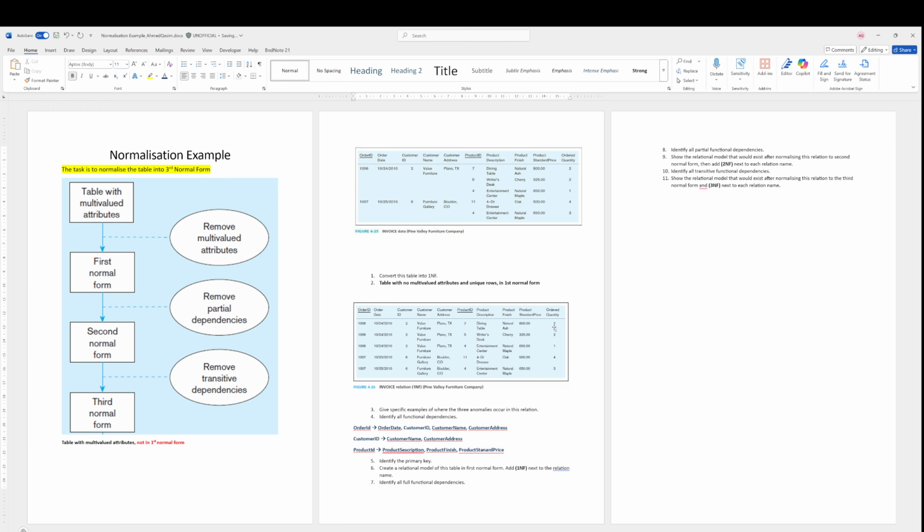So I'm not taking the order quantity. Now, does the product quantity determine something? No, it's not going to determine anything by itself. So what about the order quantity now?